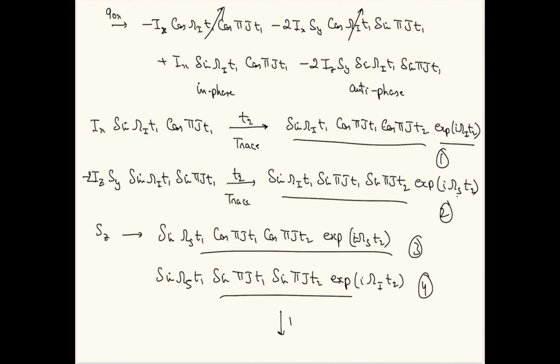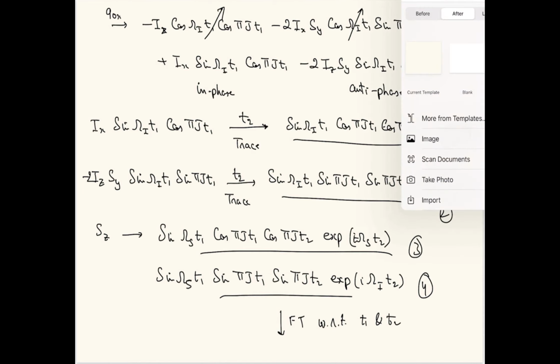So if we now carry out Fourier transformation with respect to t1 and t2, there are two time axes, so there will be two frequency axes. What kind of spectrum will we get? We'll get something like this. This is the diagonal.